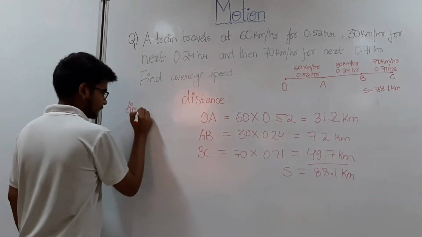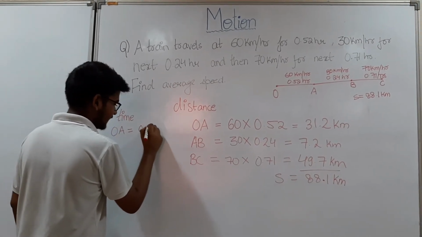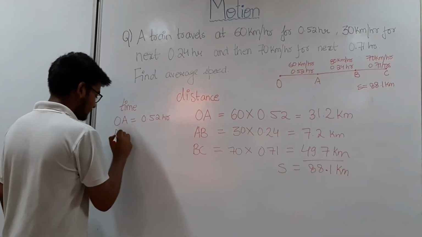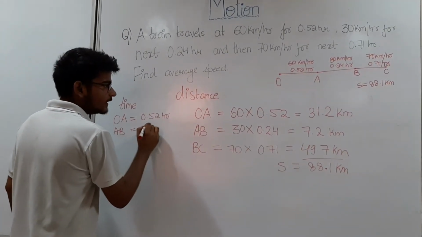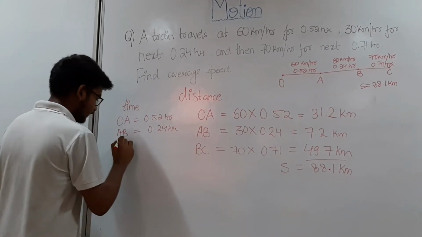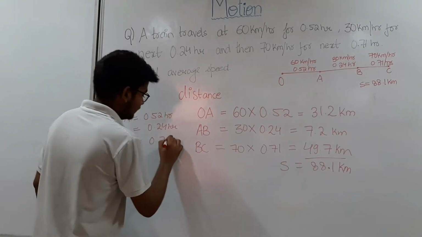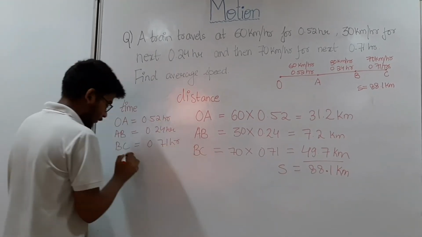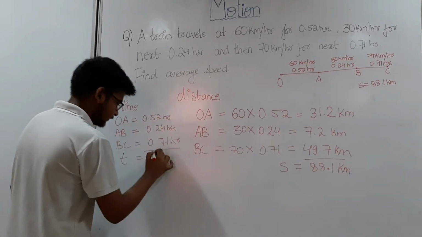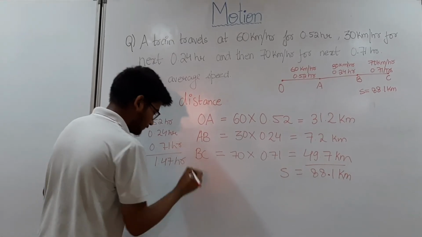Now the time taken. Time for OA will be 0.52 hours. For AB, it is 0.24 hours. For BC, it is 0.71 hours. So the total time taken will be 1.47 hours.